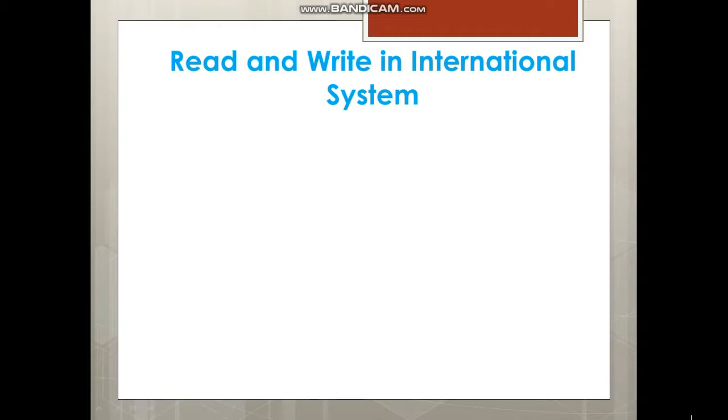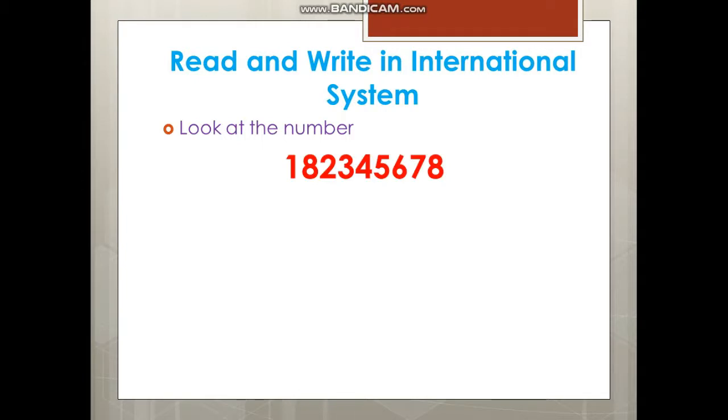Now we are going to learn how to read and write numbers in the international system. An example is given. Look at the number. A 9-digit number is given there. So how do we write this 9-digit number in the international system of numeration?